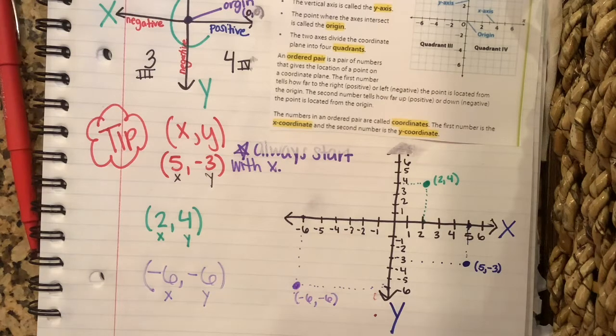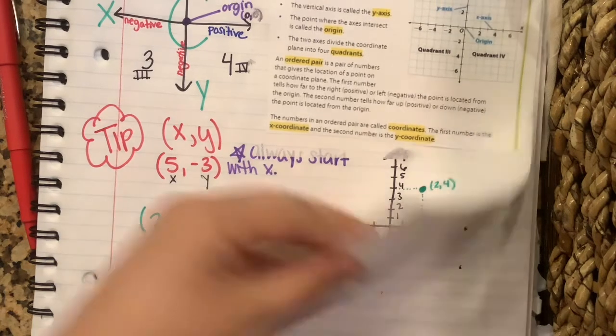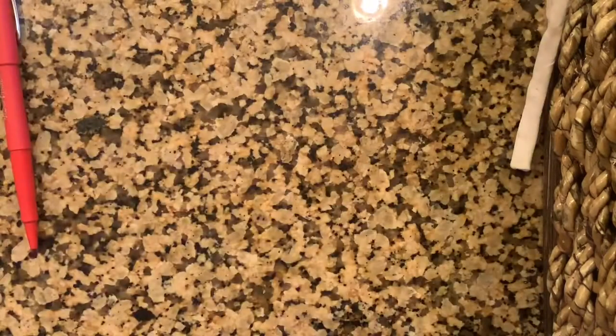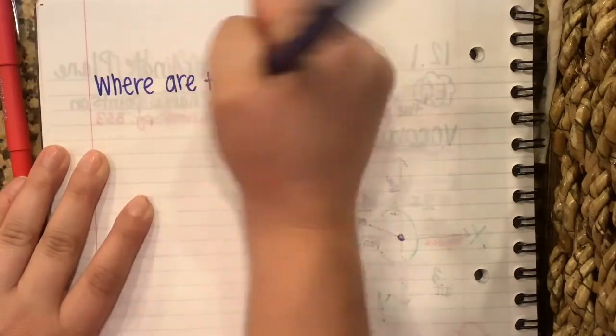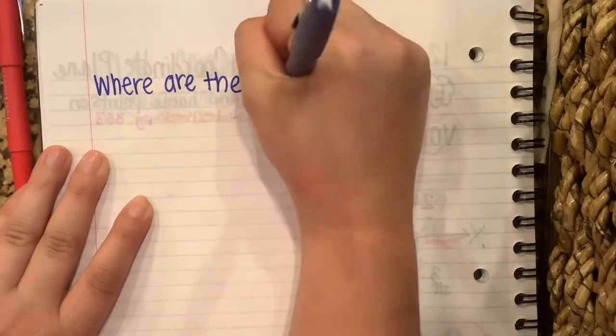3. So let's take a look at how to graph. Now we're going to take a look at how to identify points on the graph, and you tell me what the ordered pair is. Here we go. So, where are the points located?